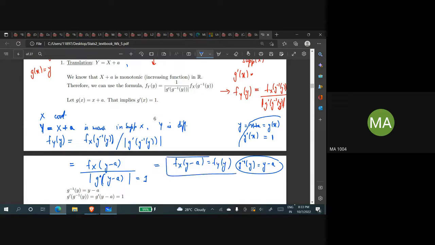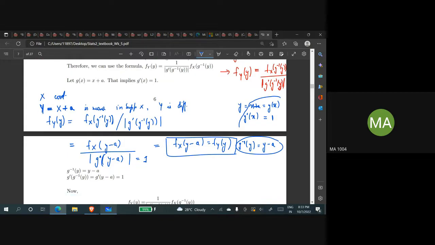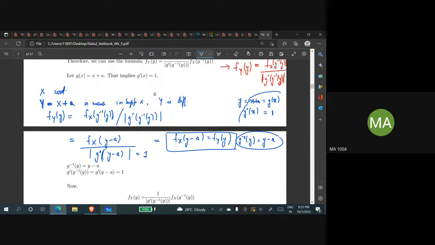All right. So if you have a translation of the random variable, if you're just translating, your PDF is just going to be f_X of y minus a.